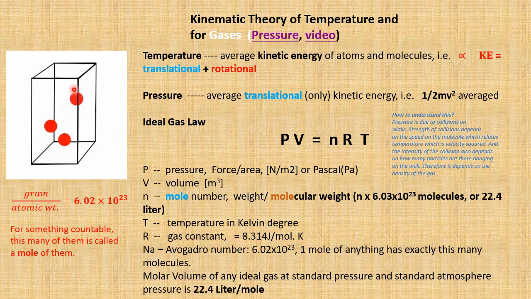Think about it: pressure is nothing but the collisions of the molecules on the wall surfaces. If the volume goes up and the box becomes larger, the area will be larger, and with the same number of collisions, the force on each unit area will be less.